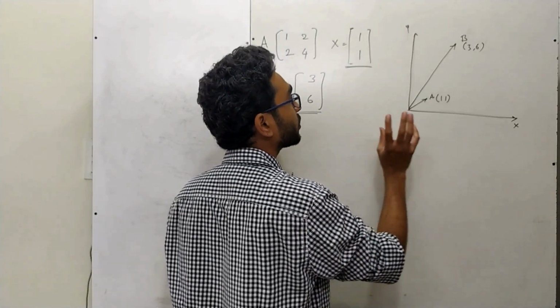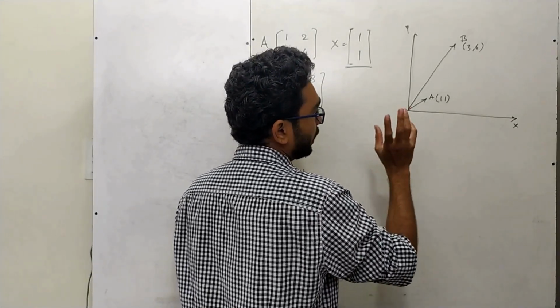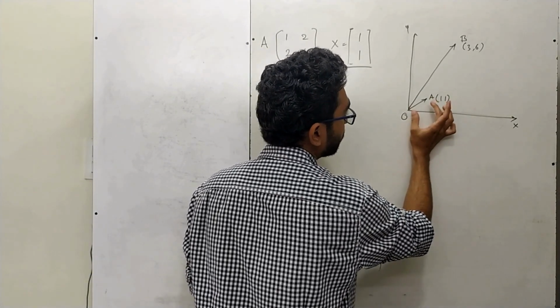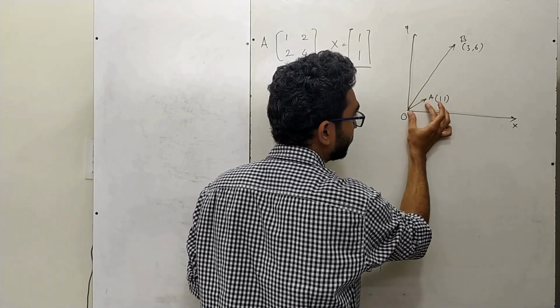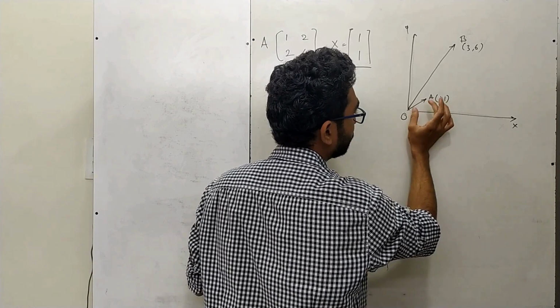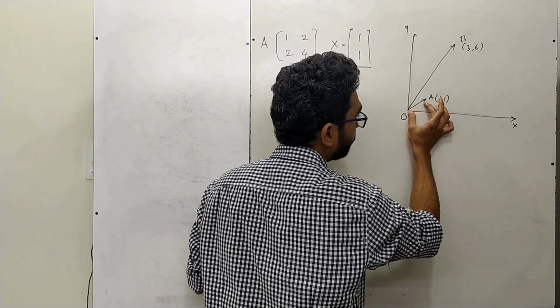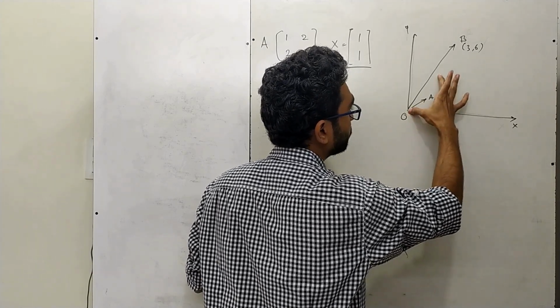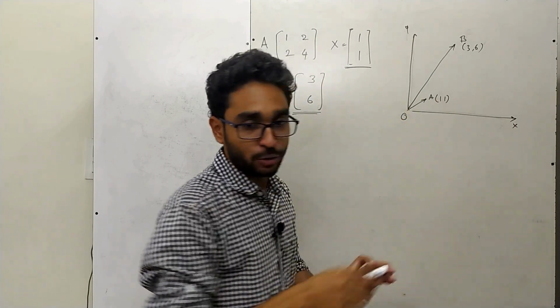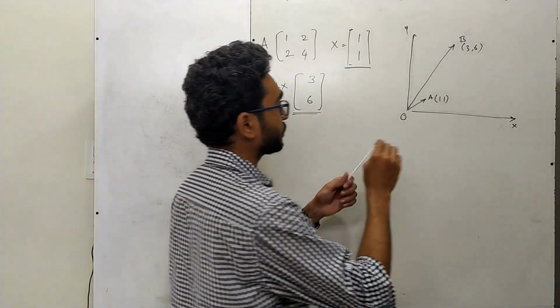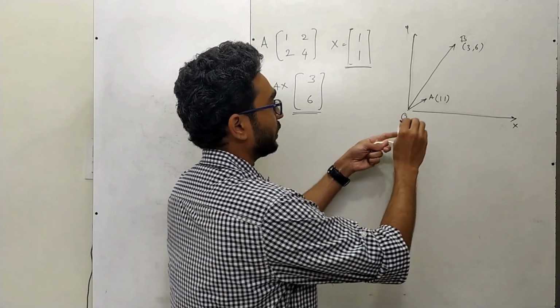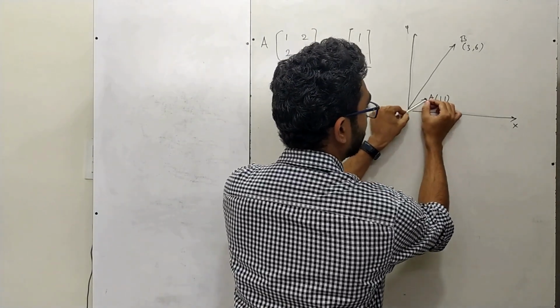Listen carefully, this is a very important part. This is vector OA and this is vector OB. I am scaling this vector OA, and at the same time I am also rotating this vector. Okay, I will show you with an example. Listen carefully, this is very important. This is vector OA.